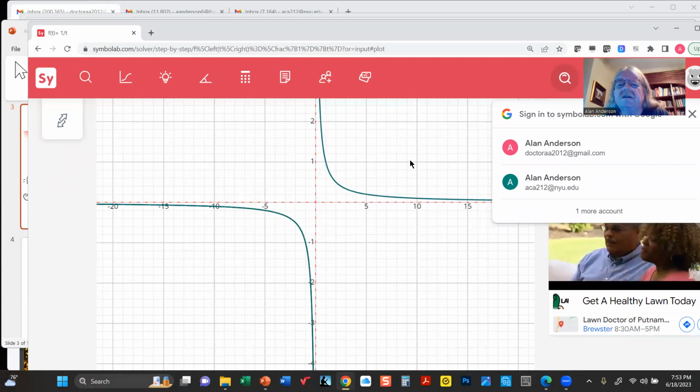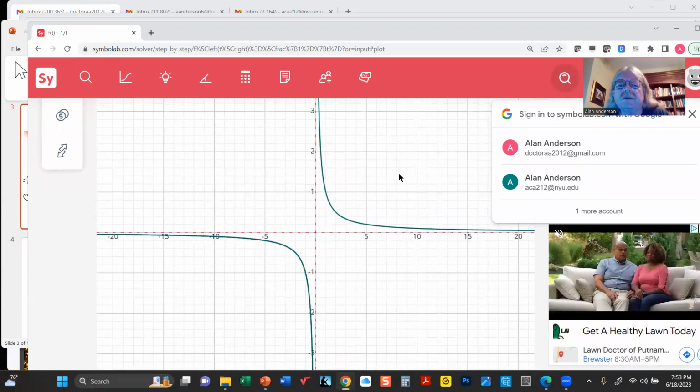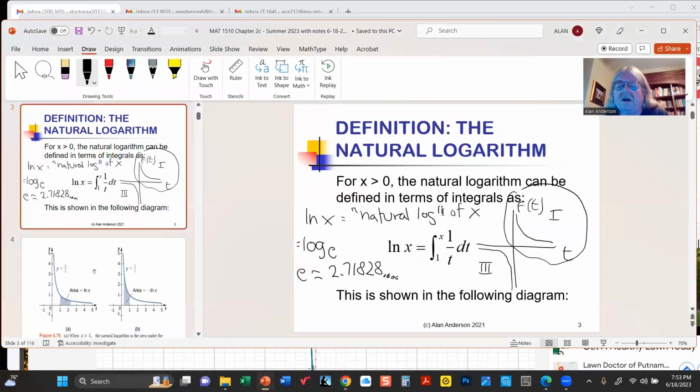The entire function is contained within the first and the third quadrants. But in our case, we're only interested in the area from 1 up to x. So in other words, we could ignore the third quadrant and focus our attention on the graph in the first quadrant. And in fact, let me make this even more precise.